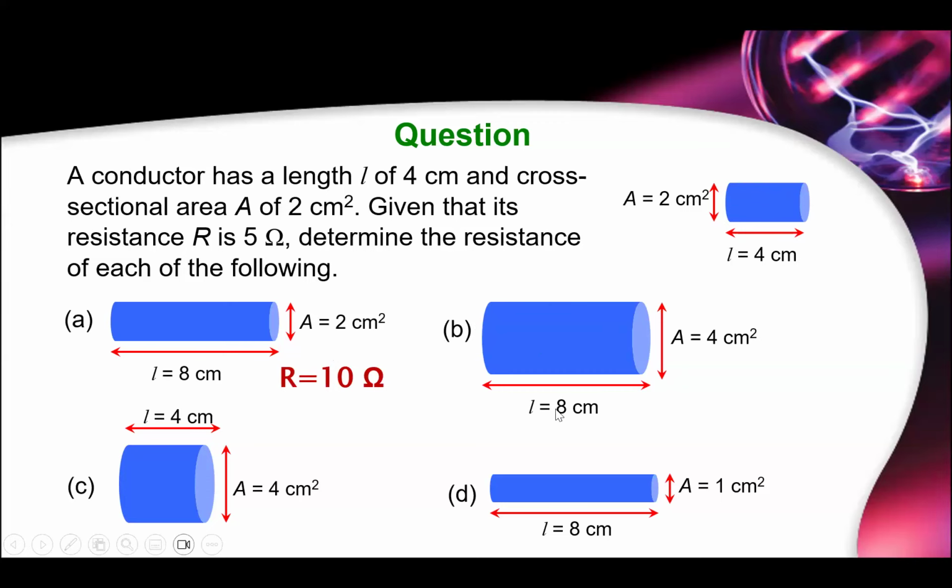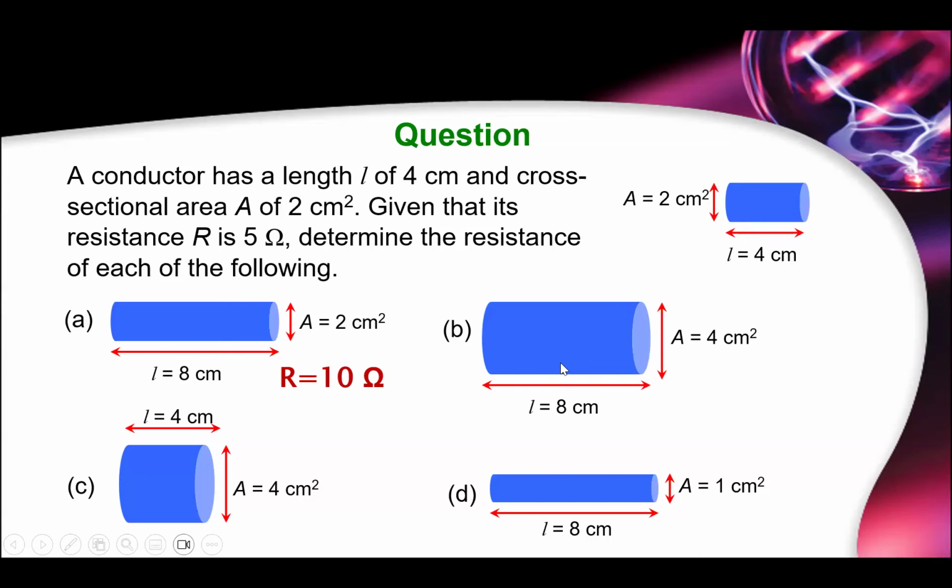Okay, now I have the same length as this. Or I go back to my original question. This is 5 ohms. Now both my area and my length increase. I know that as I increase my length, doubled, my resistance doubled, becomes 10 ohms. But my cross-sectional area is bigger. It's easier for the charges to flow through it.